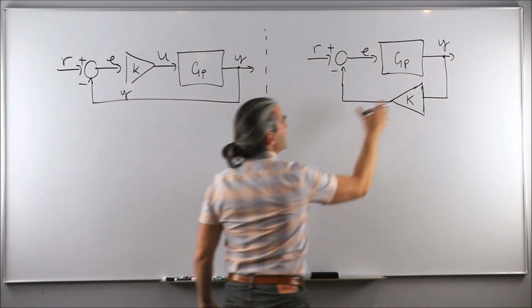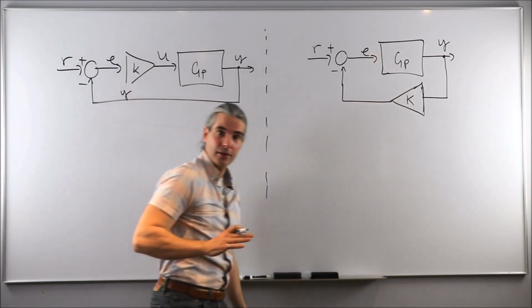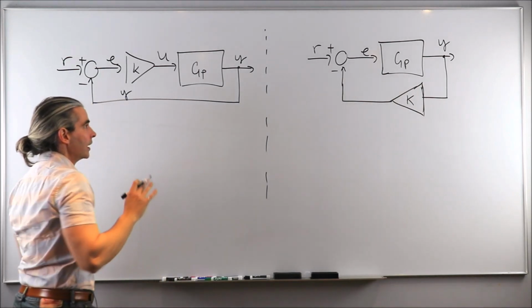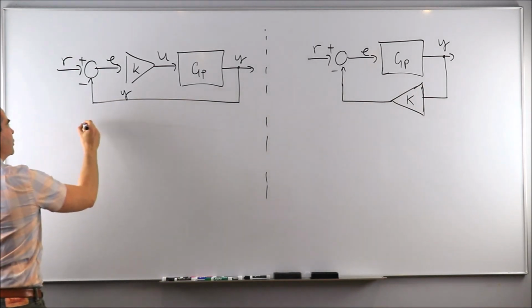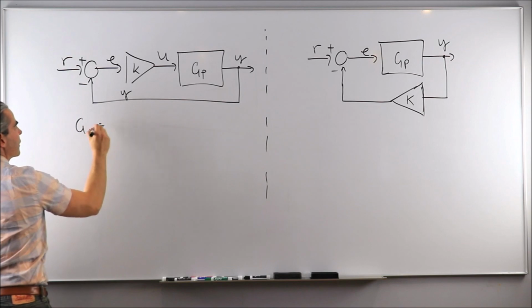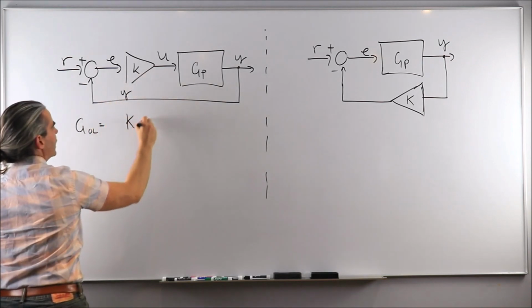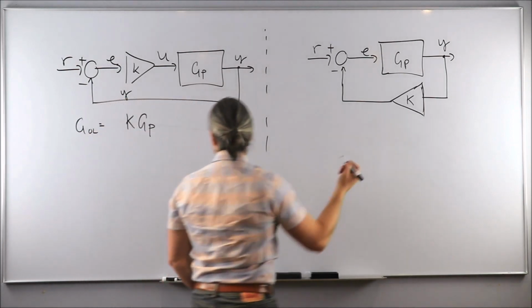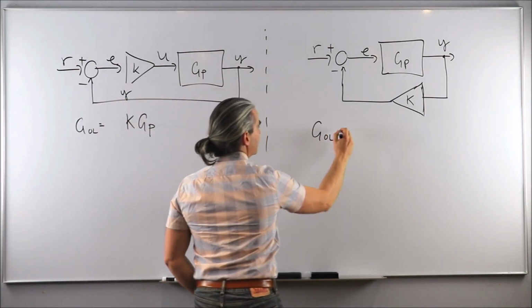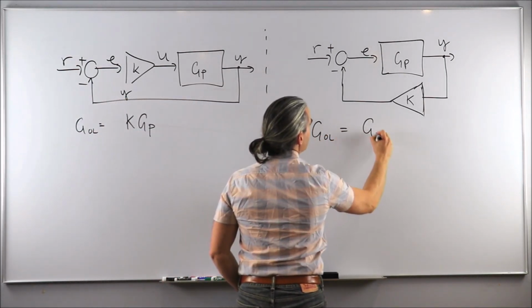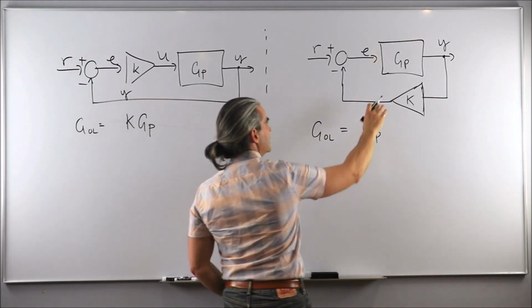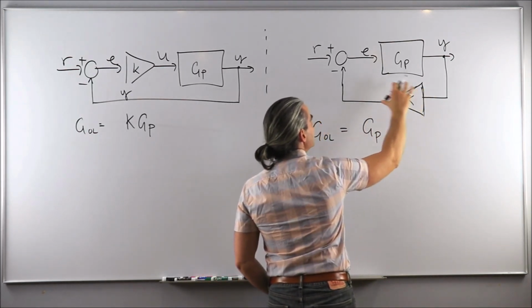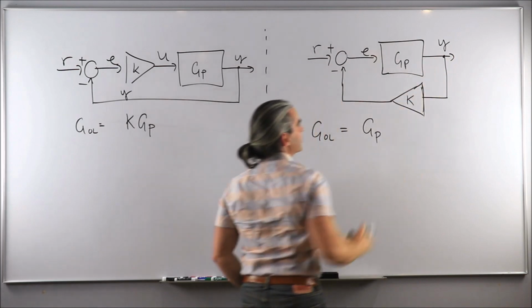It is not in series, but rather in parallel. So is that an issue? Well, let's find out. Here, if you look at the open loop transfer function, we have K times G of P. But as I've just mentioned, on this side, the open loop is simply G of P, because the control action is not in series with the plant transfer function.